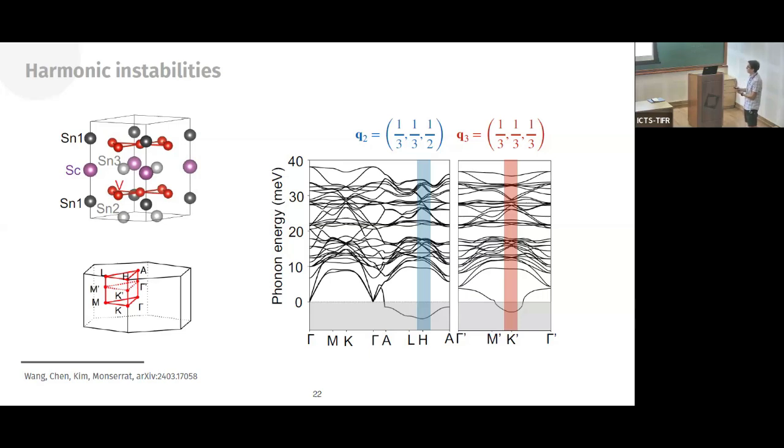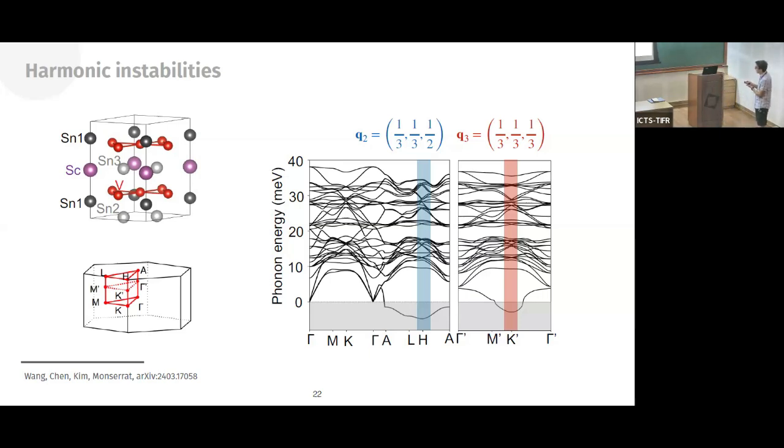I'm showing the typical Brillouin zone path that is shown for hexagonal structures, where you first go around the loop in the kz equals 0 plane, and then you go to the kz equals pi plane, and you do a similar loop up there. And you see that the instability at the H point here corresponds to this 1/3, 1/3, 1/2 wave vector that experimentally seems to compete with the true charge density wave order, and theoretically is predicted to be the lowest energy configuration.